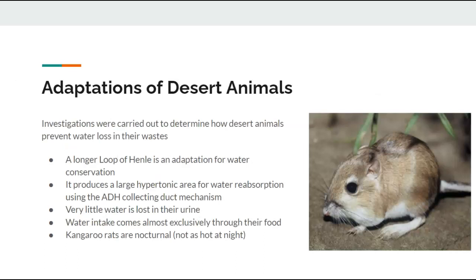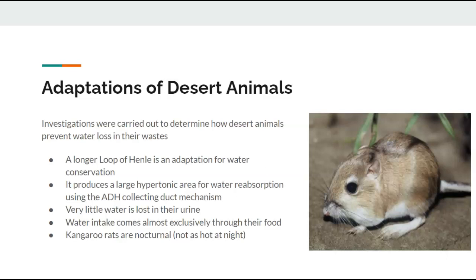Now, desert animals have a lot of adaptations that are important. So a longer loop of Henle, which we've sort of talked about already, but desert animals have longer loops of Henle. They have a large hypertonic area for water reabsorption. Hypertonic means that there's a higher solute concentration outside, so the water will go out instead of stay in and be released.